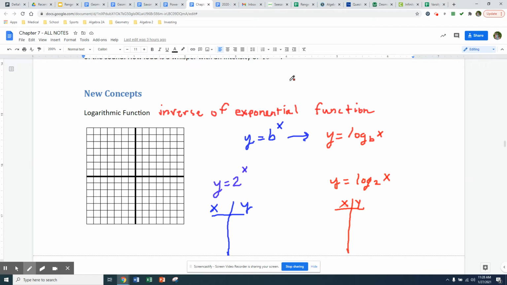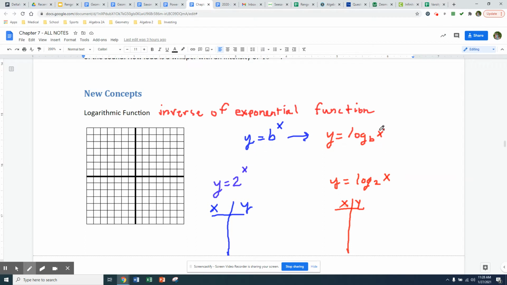First of all, an exponential is y equals b raised to the x power. So our base b, and our x, the input of our function, is going to be in the exponent position. And the inverse of that would be y equals log base b of x. Remember, the base of your log equates to the base of your exponential.